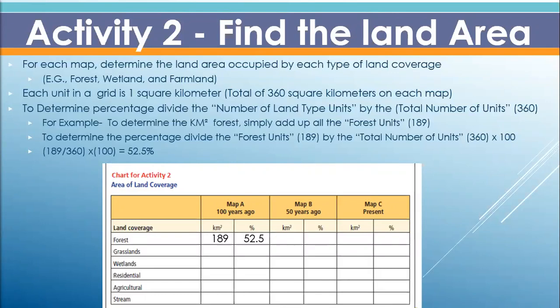To determine the percentage, divide the forest units, which is 189, by the total number of units, 360, and then multiply it by 100. So if you do that, 189 divided by 360 times 100 gets you the percentage, which is 52.5%.